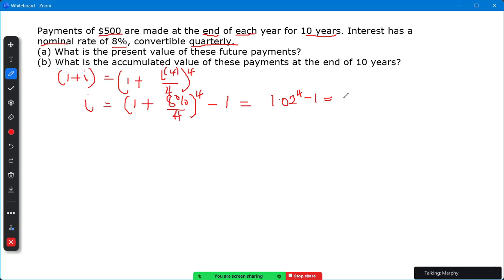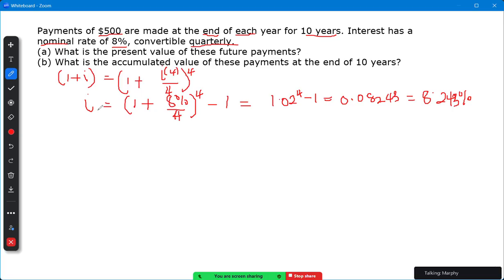that gives me 0.0824. I think I can pause there. So this is the same as saying, if you want to put that in percentage, that's going to be 8.243%, right?